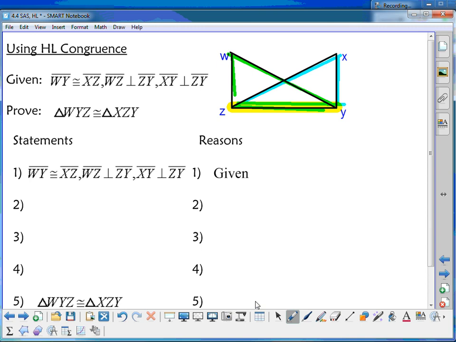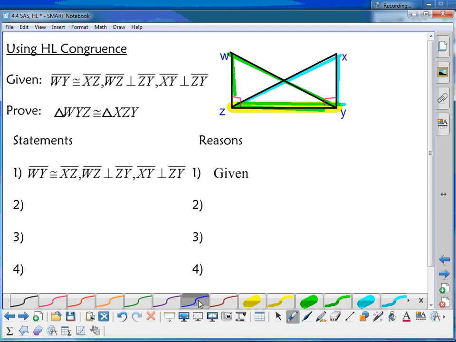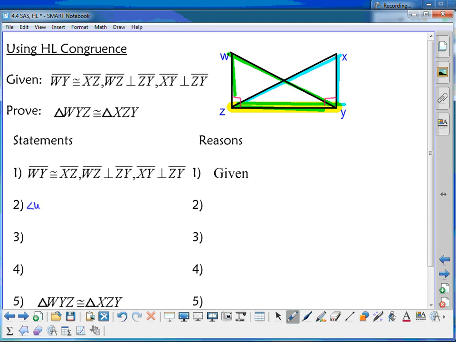All right, so like we said, we've got some right angles, so that means that they are right triangles. Well, first I have to say that they're right angles because the lines are perpendicular, so that's going to be the first thing I say, is that angle WZY and angle XYZ are right angles.